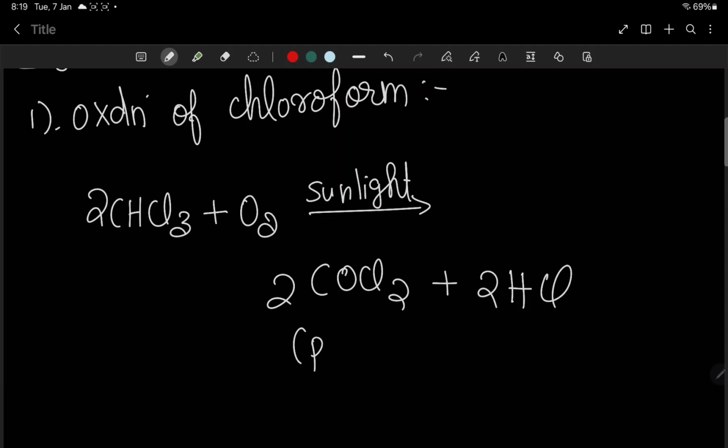This thing is called what? Phosgene, a poisonous gas.